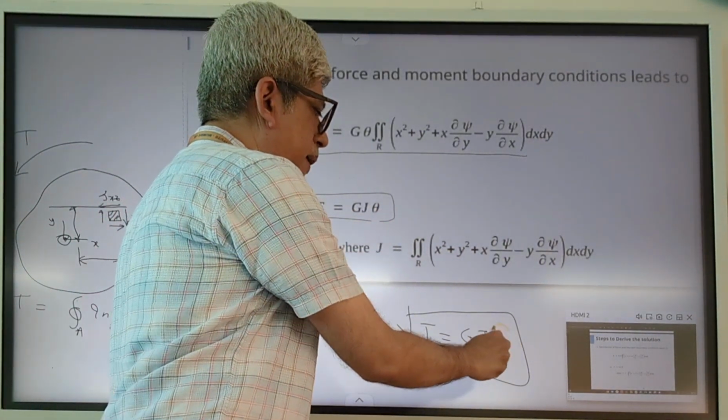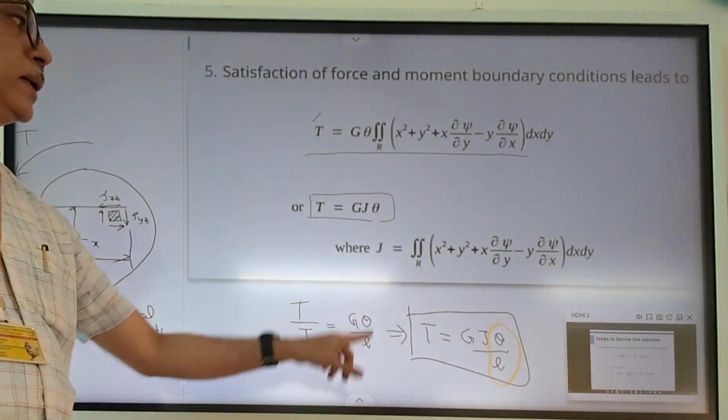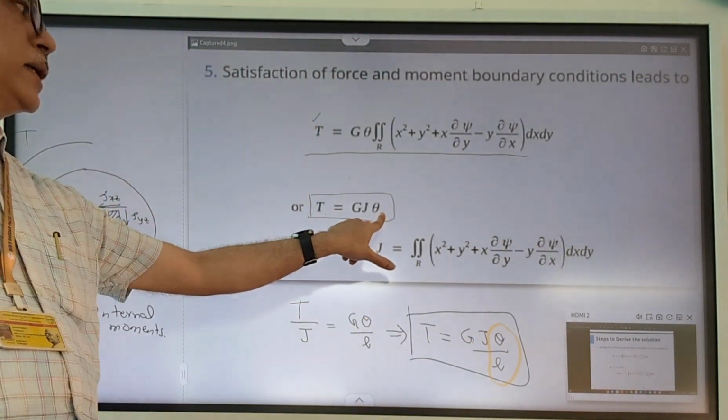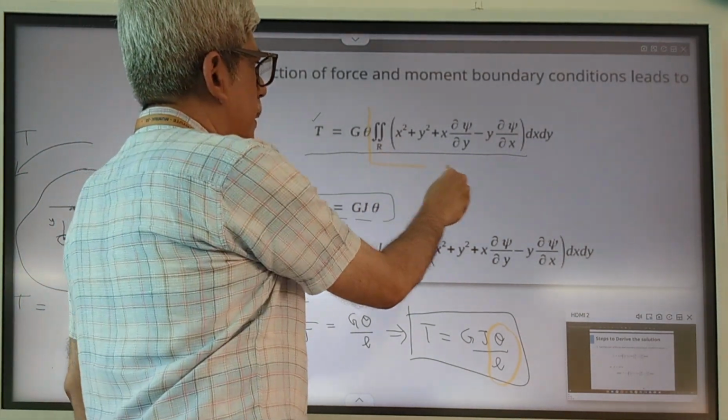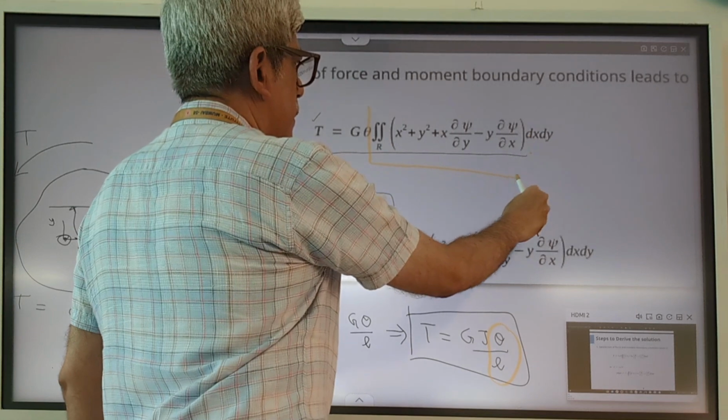So that theta is kept here as it is, G is kept as it is, and whatever is the remainder is written as J.